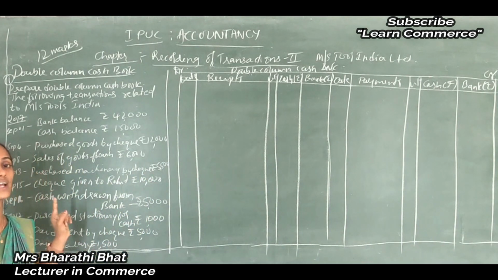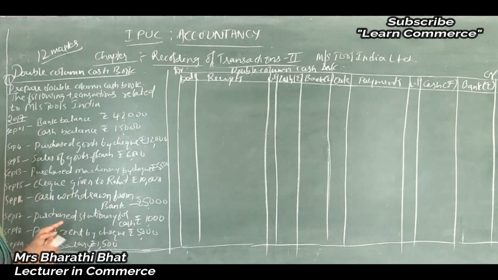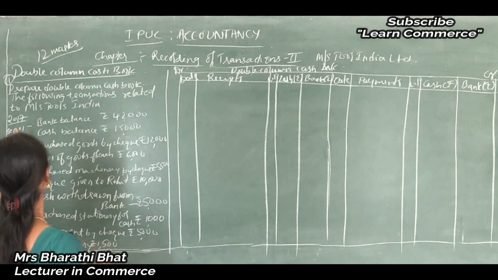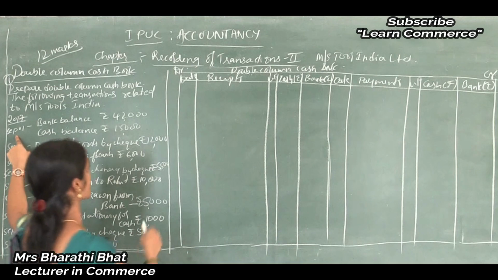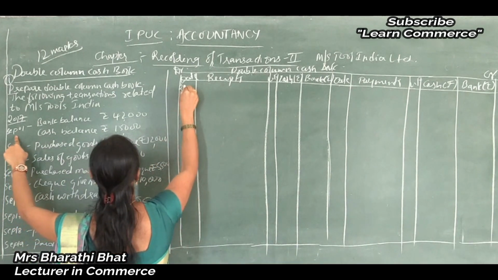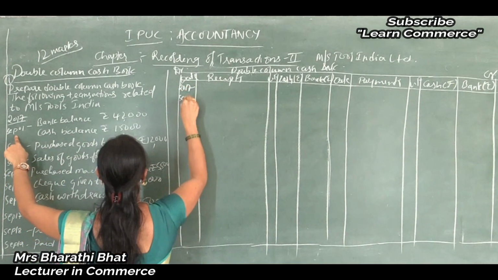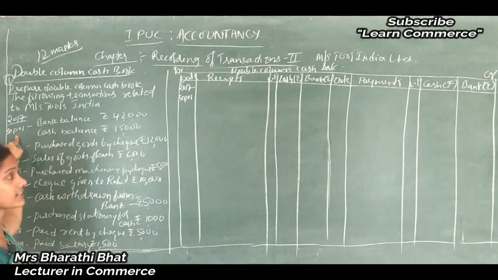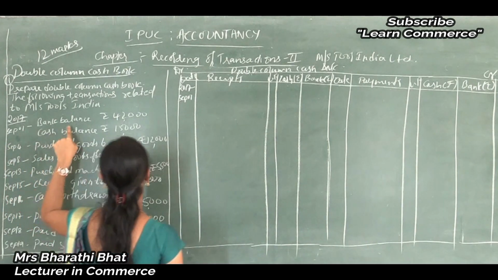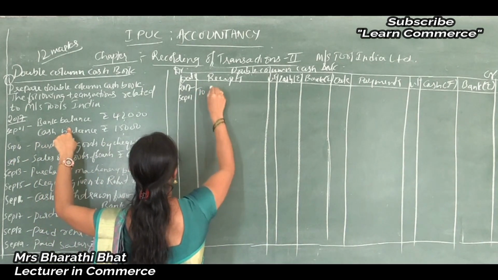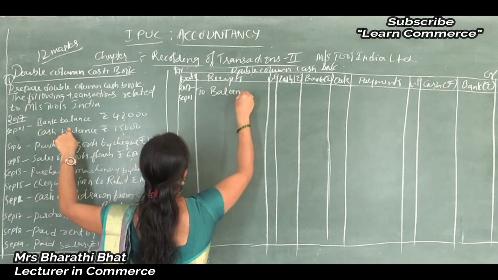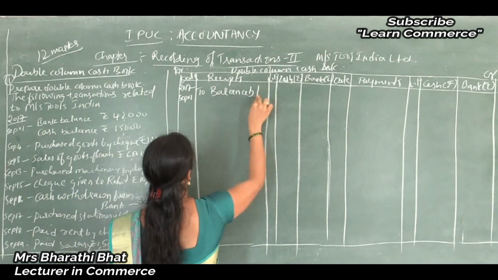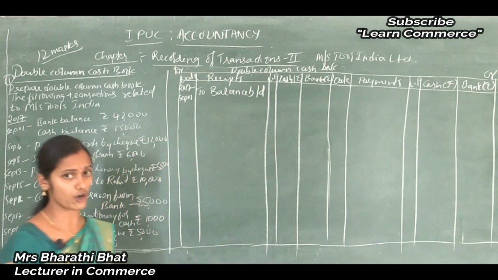Let's see how we can record these transactions in the double column cash book. On 2017 September 1, always record the opening balance of cash and bank on the debit side, under the receipts column: to balance brought down.